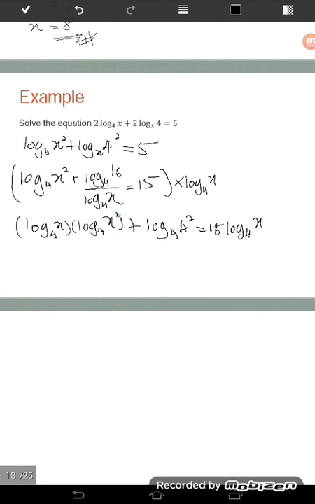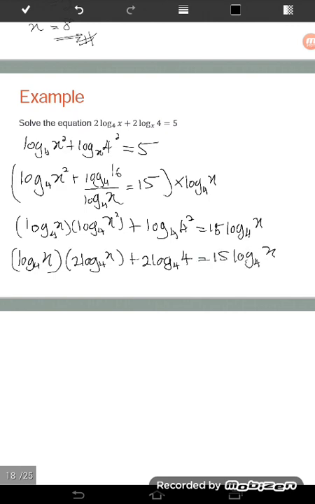So we need to bring this power of 2 in front, so later we can combine this with this to become power of 2. So it becomes log x base 4, and then this one 2 log x base 4 plus 2 log 4 base 4, which is equal to 5 log x base 4.